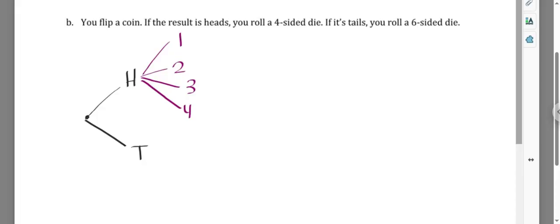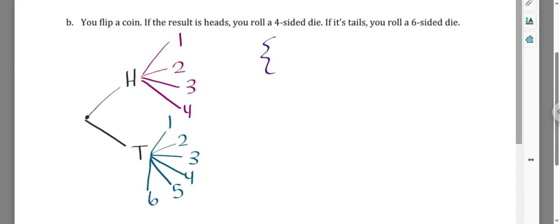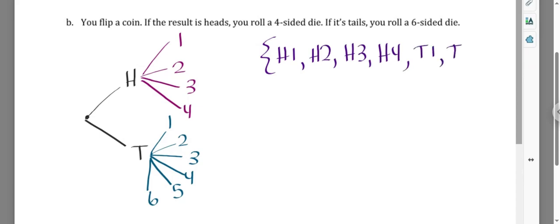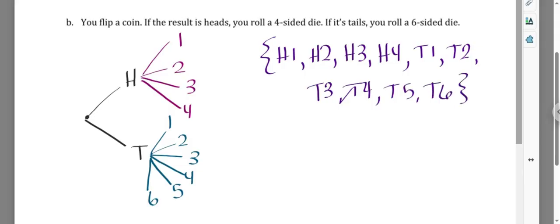If it was tails, 6 sides. So then our sample space would be that.